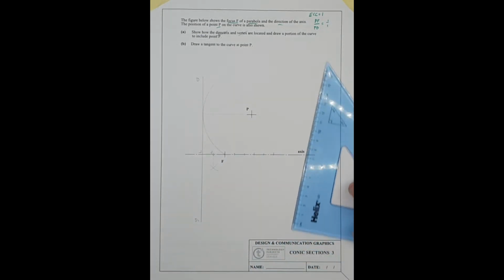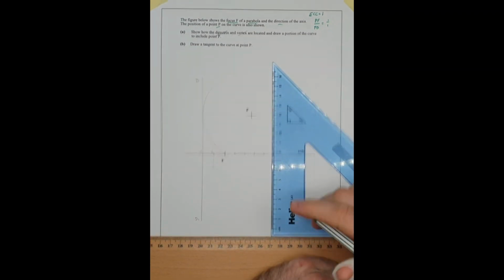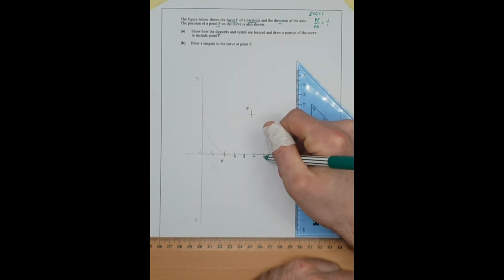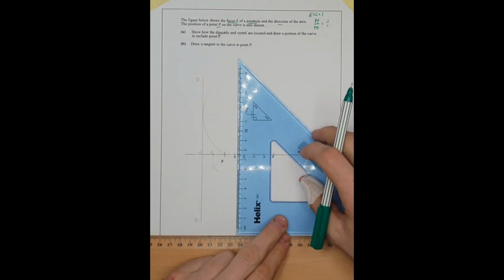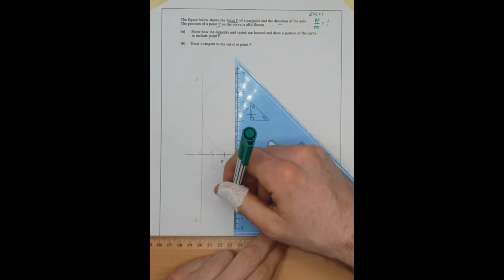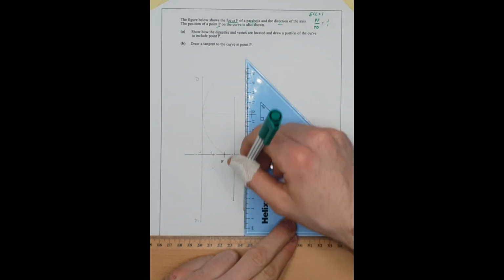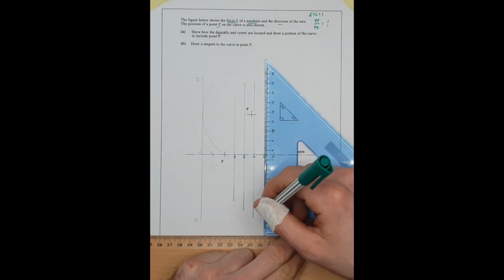That gives us points A, B, C, D and E. Now I want to find the points that are on the ordinate A and on the ordinate B. So I'll just draw all these double ordinates first of all. I want to find all these points.